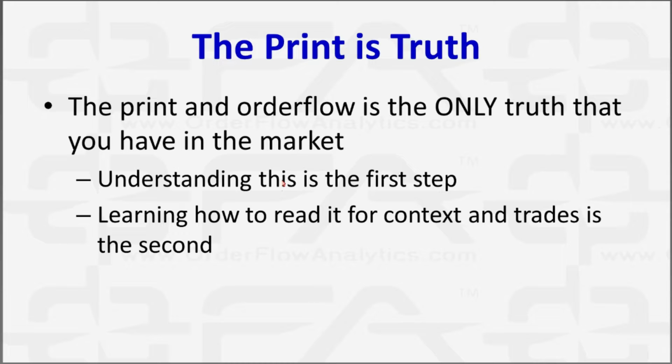Then you can put those things together to build context over time. You can start to see points in the auction, even just in the print, where you can say, this is where buyers are holding, or this is where sellers really have conviction. And that will help you in getting confluence for trades.